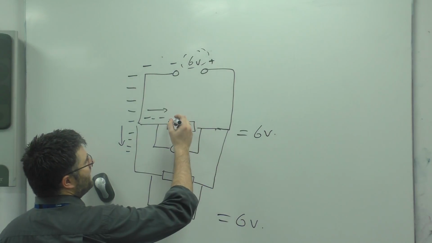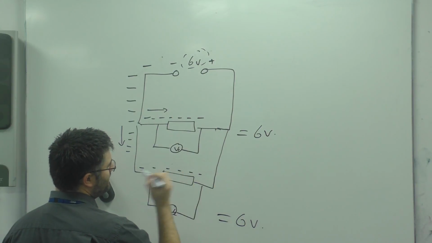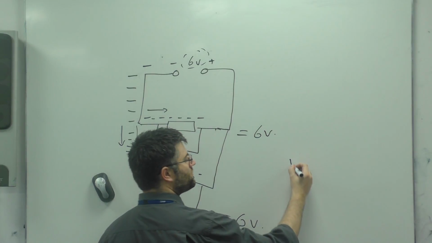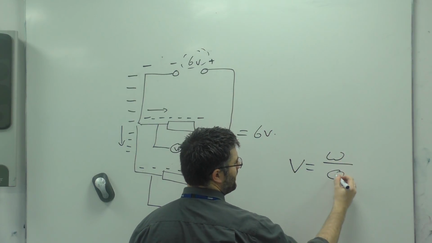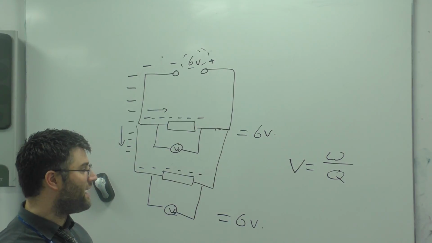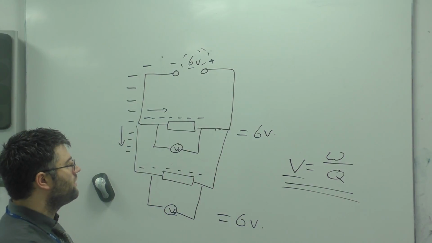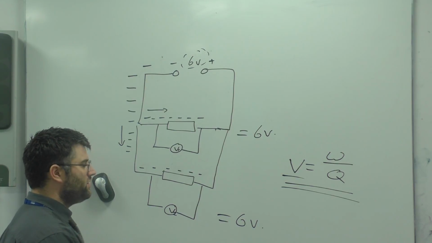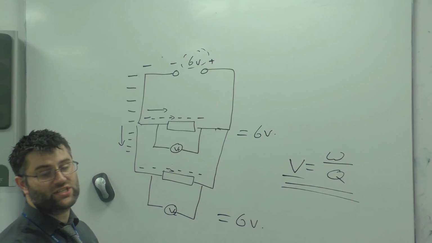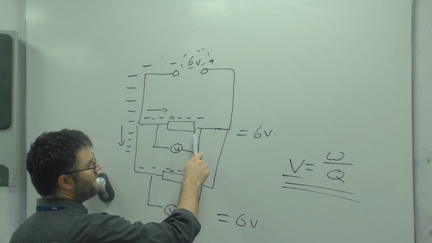So the electrons travelling through this resistor and the electrons travelling through this resistor all have the same amount of energy per unit charge. Remember, voltage is the amount of energy per unit charge. Electrons have a very specific amount of charge, so they have a specific amount of energy based on this equation. So all of those electrons, the ones here and the ones here, have the same amount of energy. When they travel through that resistor, they dissipate that energy.